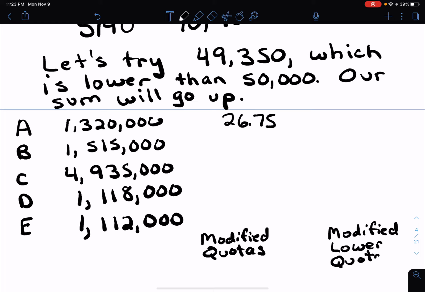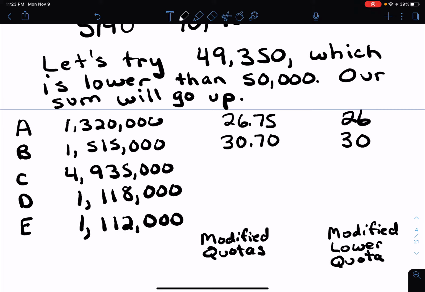So we just take that modified quota we just got and we go down to 26. We drop off the decimal part. That's basically what we're doing. Okay, so 1,515,000 divided by 49,350. That gives us 30.70. We'll just round it to 2 decimal places for now. That's sufficient. Which means the modified lower quota will be 30.